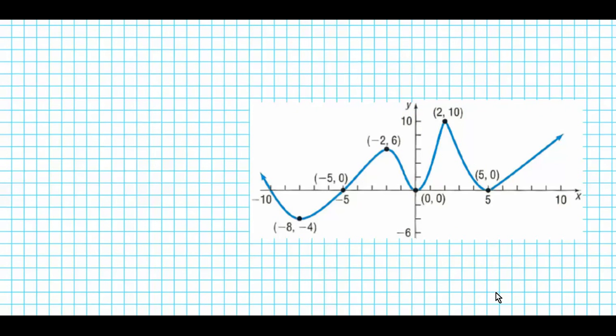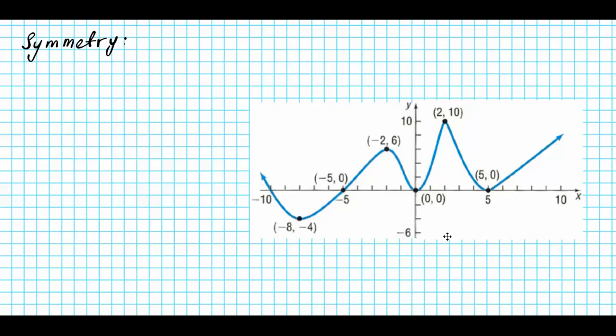Okay, so the last thing we're going to talk about is the symmetry of the graph. Is this graph odd, even, or neither? When we're looking to determine the symmetry of the graph graphically, all we have to do is split the graph down the center. So let's test if it's even first.